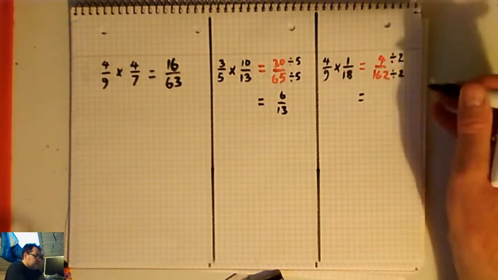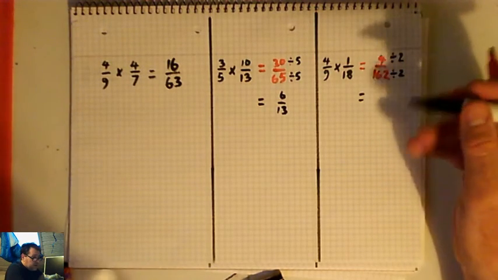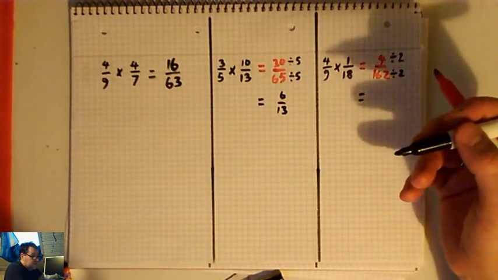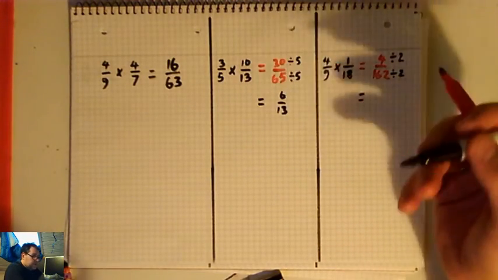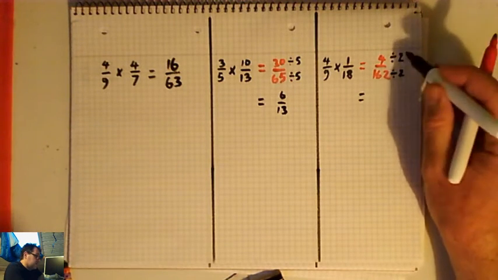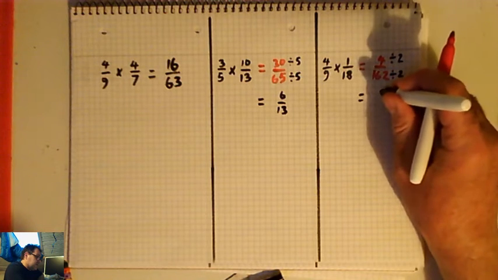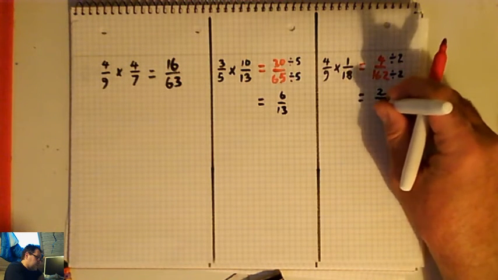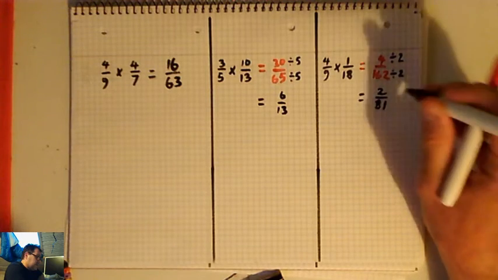So I'm really just dividing by 1. I'm not dividing by 2, because if I was dividing by 2 I would have half as much. So I'm not making the fraction smaller, I'm just dividing by 1, written in the form of 2 over 2. So I'm getting the same fraction but written in a different form, 2 over 81.